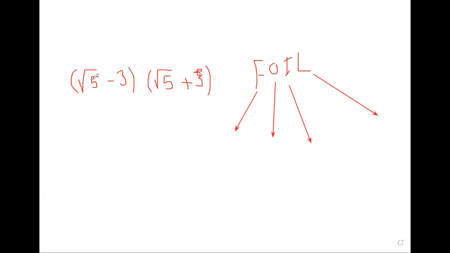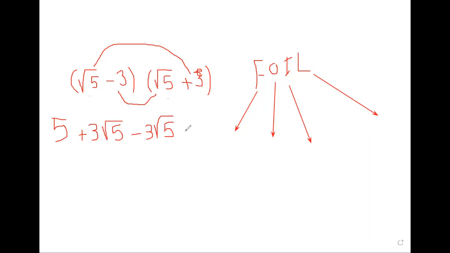So we can note that we have the same terms in both parentheses, so we will not have a middle term. If you want to use the FOIL method in this question, I'm going to make root 5 times root 5, it will be equal to 5. Outer, it will be plus 3 root 5, and then inner, it will be minus 3 root 5, and negative 3 times positive 3 will be negative 9.